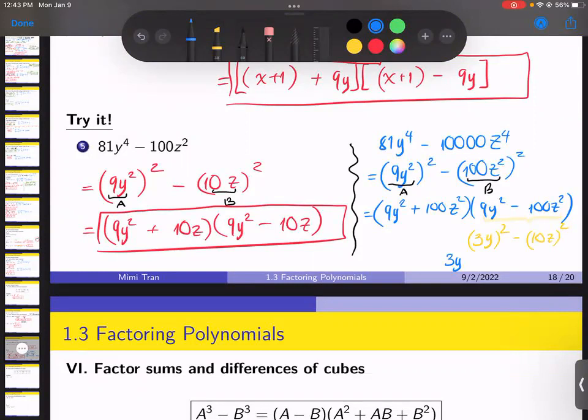Which is 3y and then, yes, 10z. Don't forget the z. 3y plus 10z times 3y minus 10z.